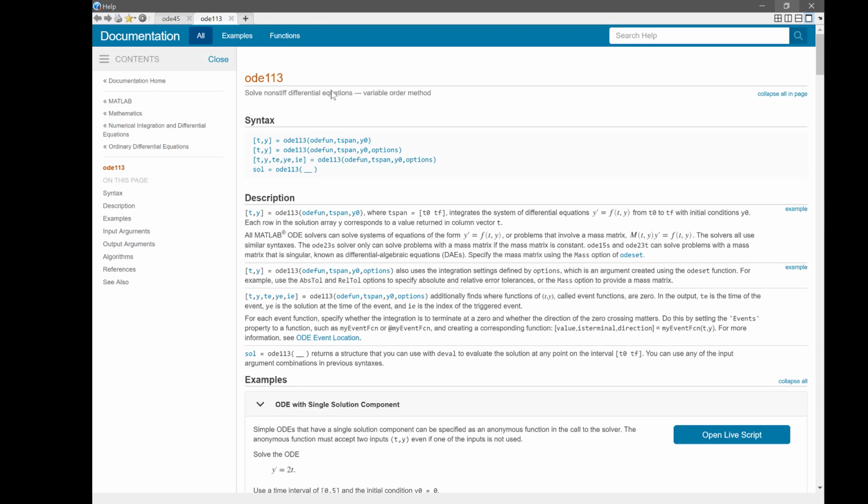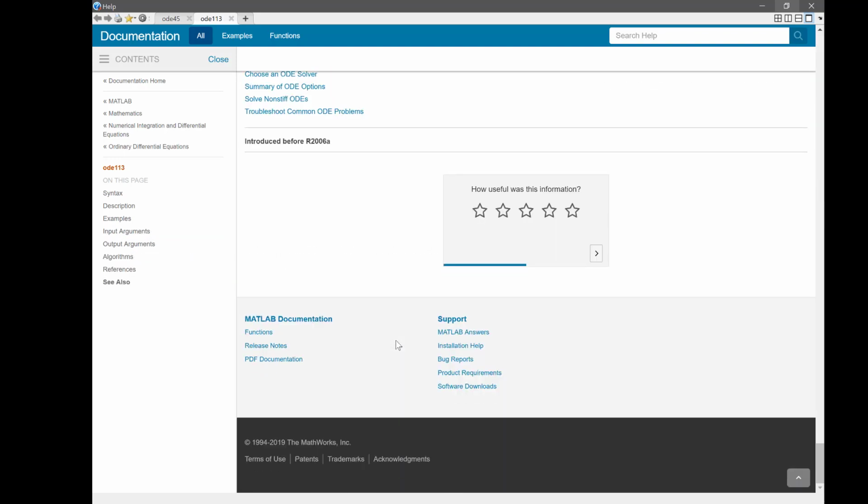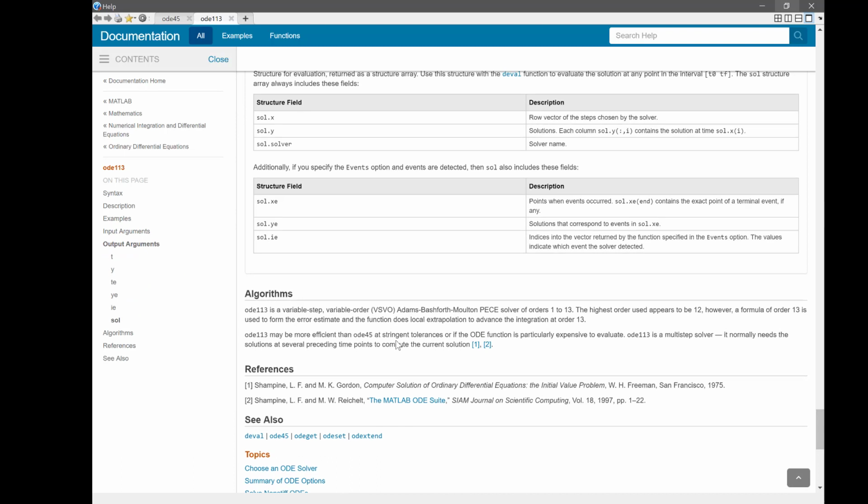Both ODE45 and ODE113 use explicit time integration methods, but ODE113 has a lot more schemes embedded than ODE45. It's a variable step, variable order scheme that uses schemes all the way from order 1 to order 13. So it has a lot more variations you can go to, right?